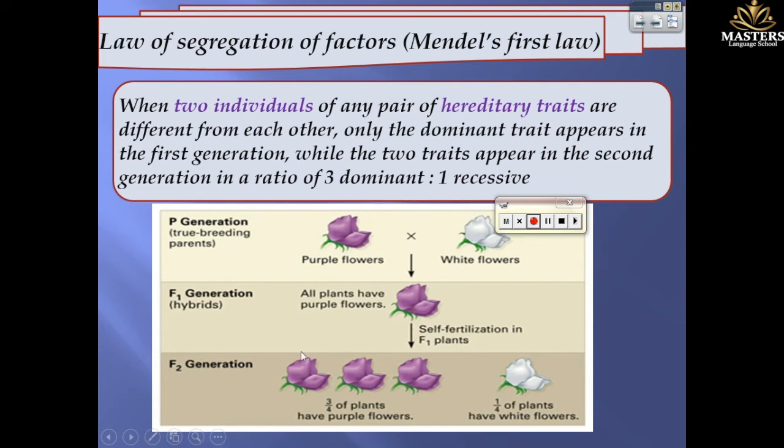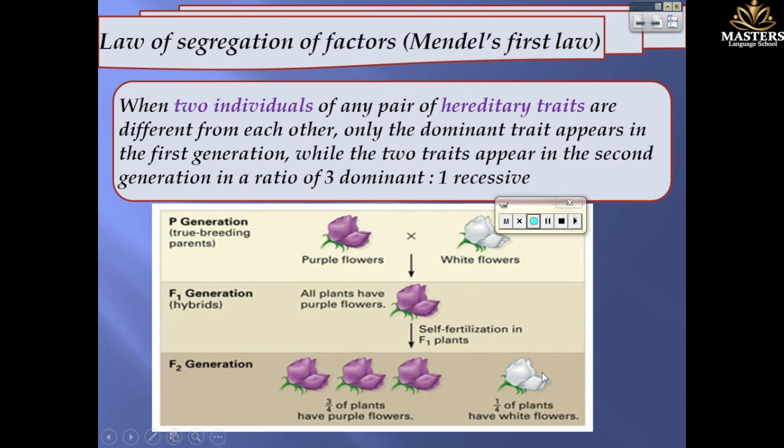While in the second generation, if we make a cross-pollination between two from the first generation, the second generation will be 3 purple flowers and 1 white flower. So the ratio will be 3 to 1.